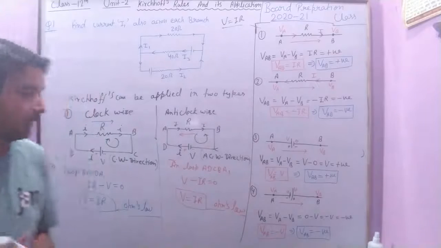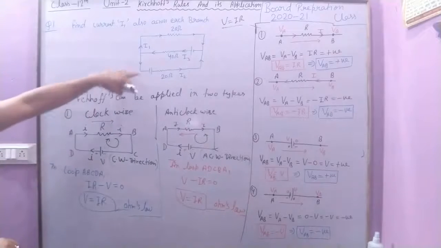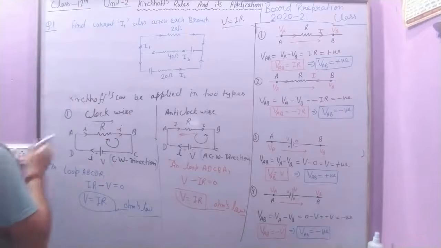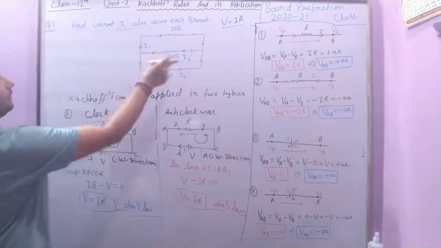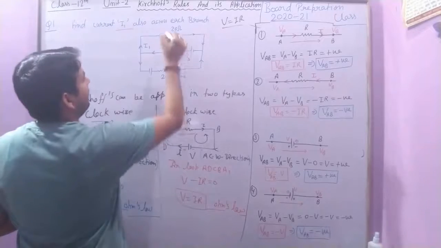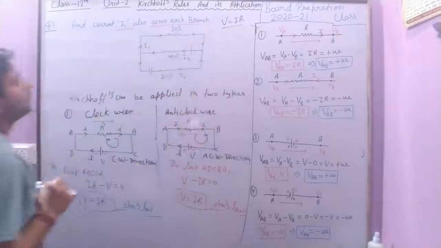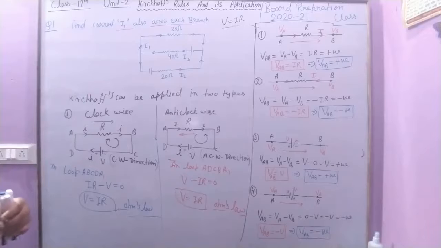Now we understood how to solve this question, and here we need to find the value of current I for this given circuit, and also across each branch. Just note it.